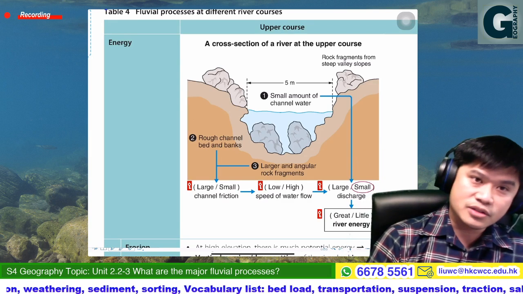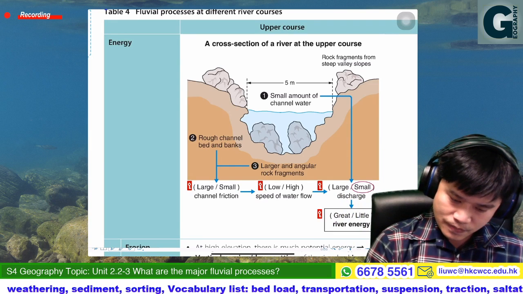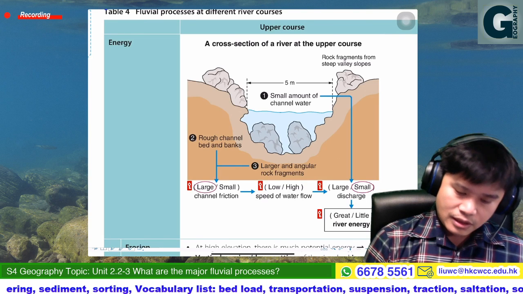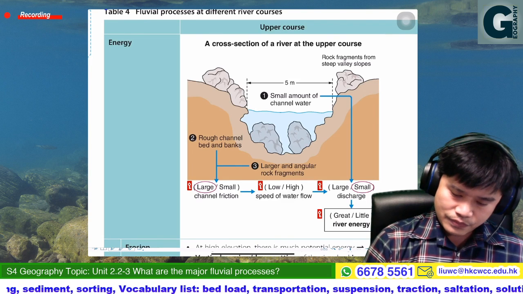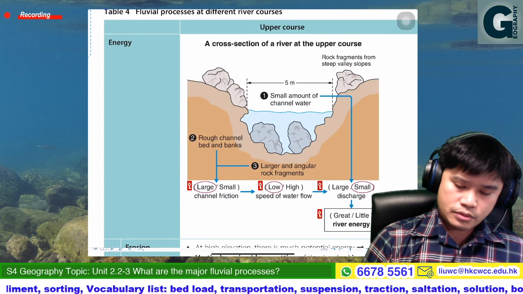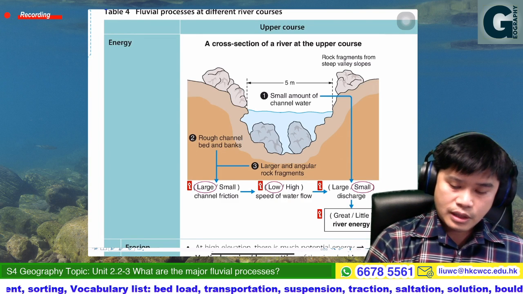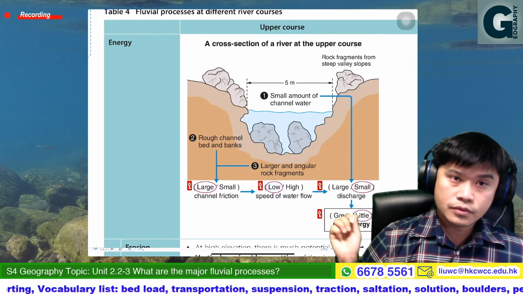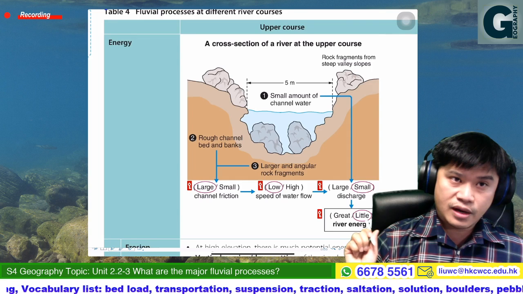And the rough channel bed and banks, large channel friction, and the low speed of river flow. Slow speed of river flow. Therefore, the river energy would be very little. Please mark this. Very, very little.